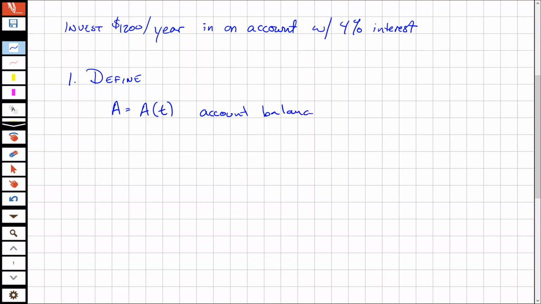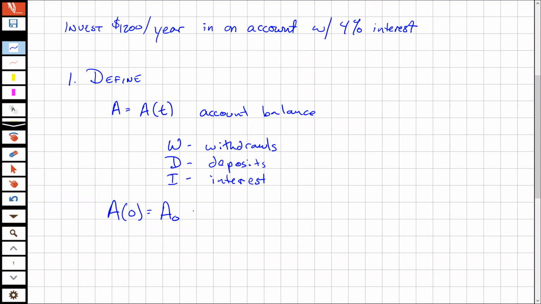And some of the other variables I'm going to refer to: W is our withdrawals, D will be our deposits, and finally I is any interest that we gain on the account. One of the things we know as well is we'll have A at 0 equal to A naught. We'll talk about this one later as well, this will be our initial balance.